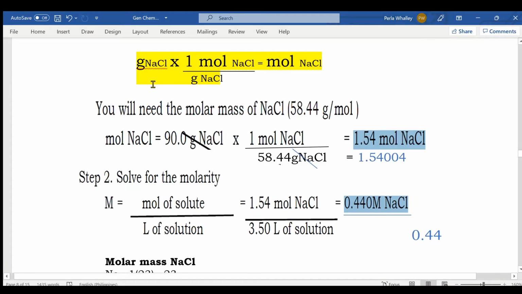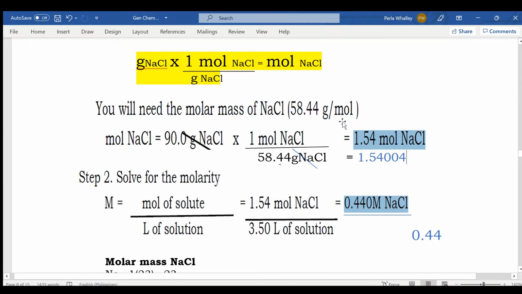So the formula is grams sodium chloride times 1 mole sodium chloride divided by grams sodium chloride. This is the molar mass, which gives moles sodium chloride. You will need the molar mass of sodium chloride, which is 58.44 grams per mole.